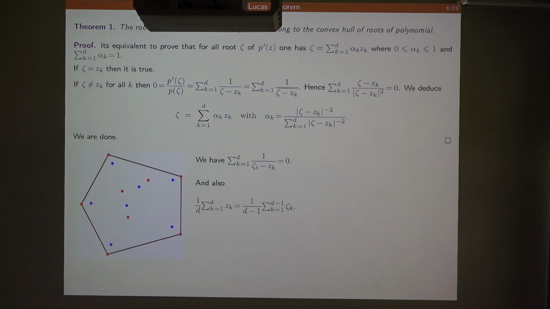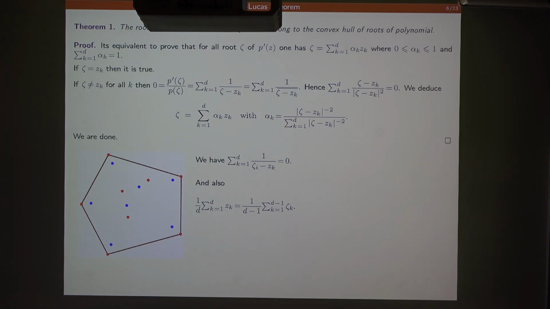But when you do a proof by contradiction, you don't know exactly, sorry, it is not a constructive proof.